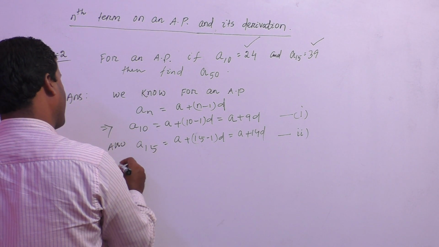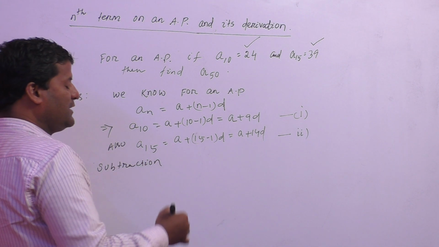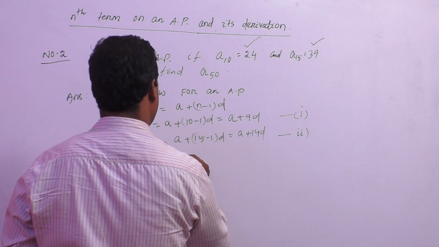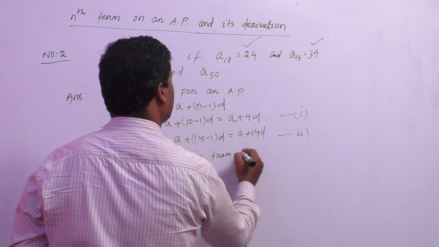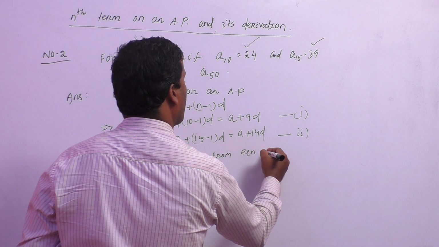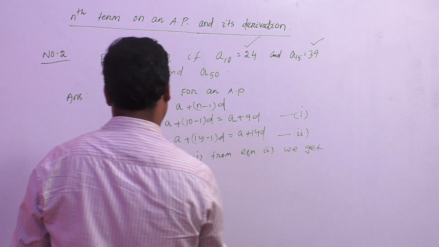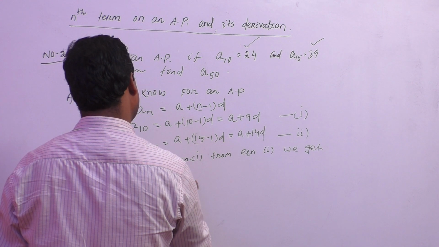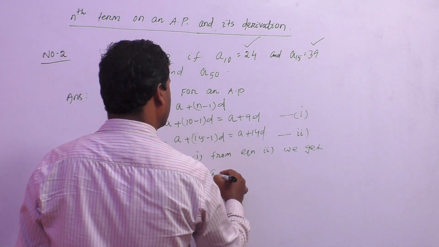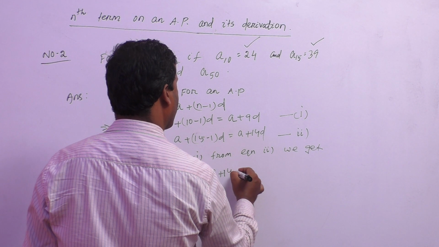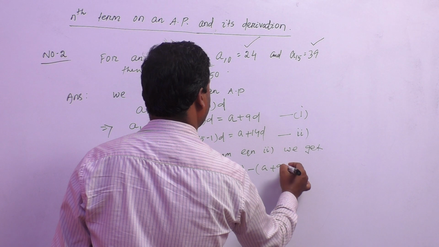Subtracting equation 1 from equation 2, we get a15 minus a10, that is equal to a plus 14d minus a plus 9d.